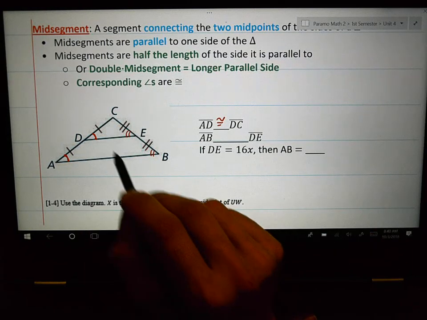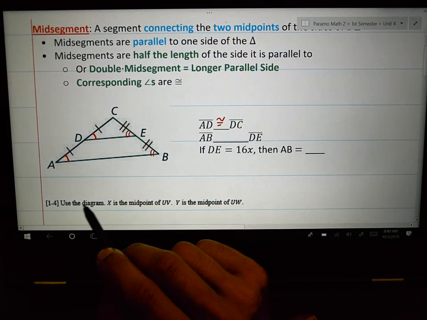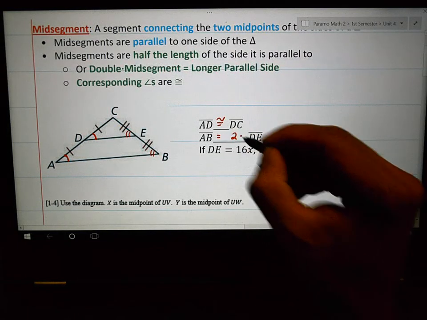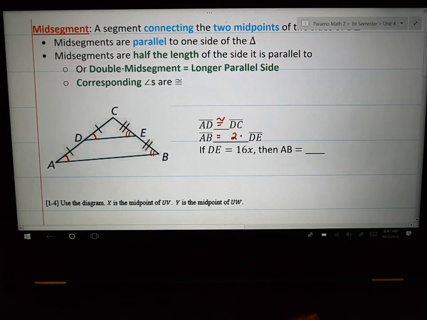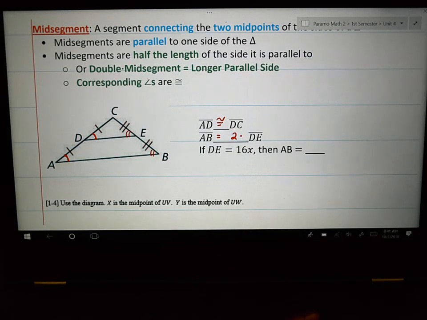AB, these aren't equal to each other. AB is twice as big as DE. Or AB is equal to 2 times DE. If I double the midsegment, it's going to be equal to the longer side it is parallel to.